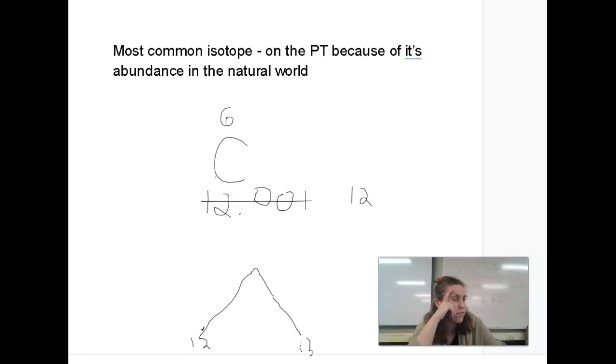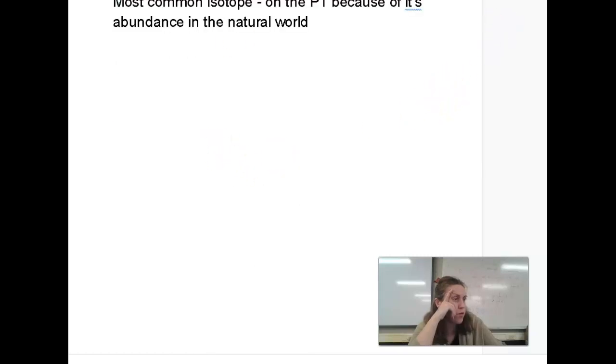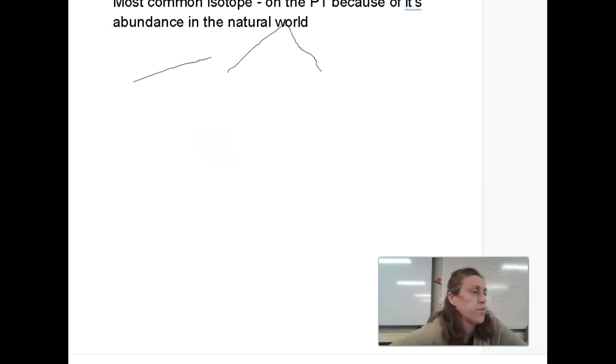I'm going to leave this here for a few seconds if you need to pause. And then I have boron. Okay, I said boron, but I meant sodium. So this is going to be in between 22 and 23.